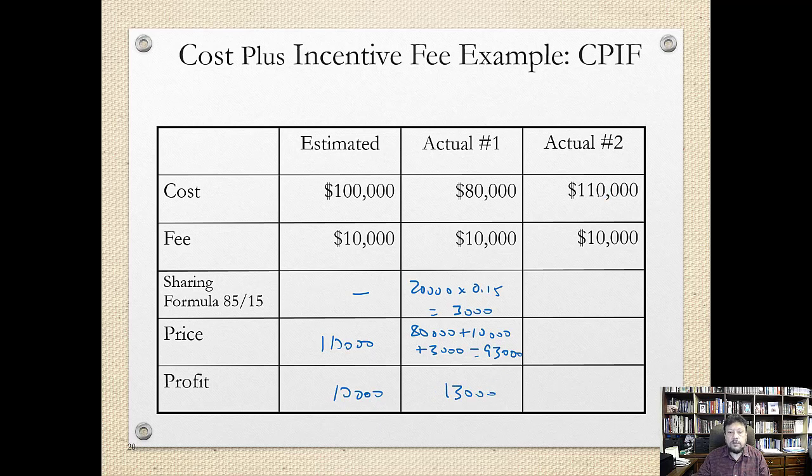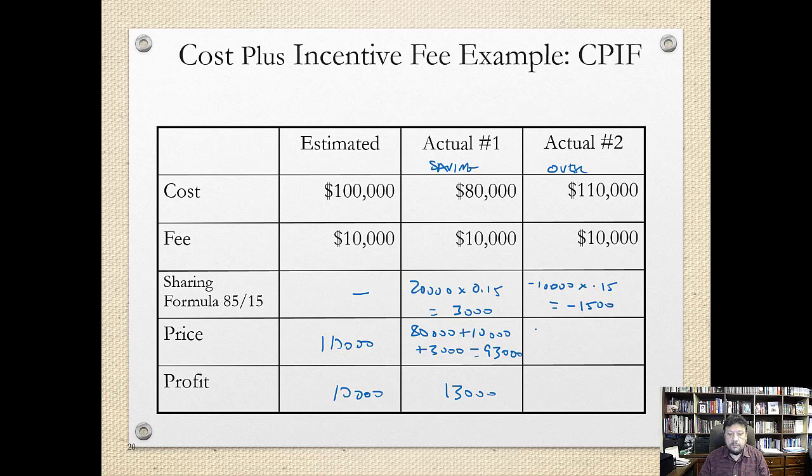In this case, this is a saving, and in this case we have gone over. If we go over, so there's 10,000. This $10,000 then is shared. So 15% of that is minus $1,500.